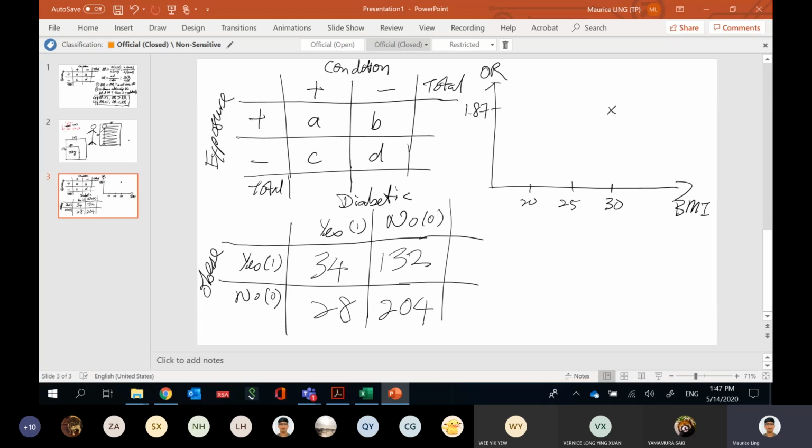What is the risk when BMI is 35? You can do a plot and see how the risk increases as BMI goes higher and higher. That can tell you a lot about what is a BMI that is acceptable. Make sense?